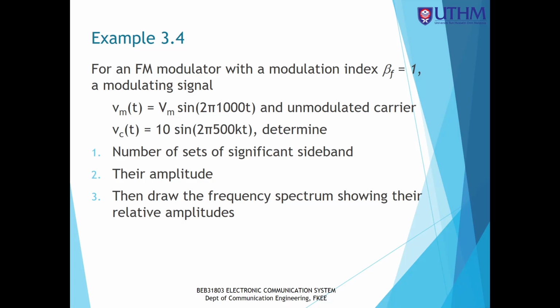Okay, so if you see from this example, for an FM modulator with a modulation index beta f equal to 1, a modulating signal VM(t) is equal to Vm sine 2 pi 1000 t, and the unmodulated carrier is VC(t) equals 10 sine 2 pi 500k t.